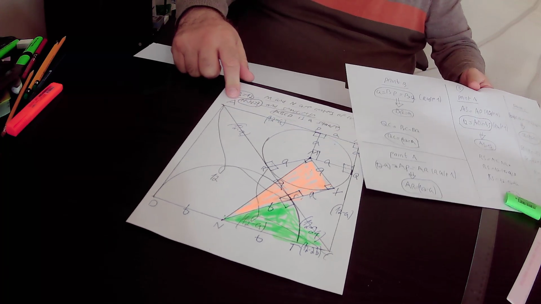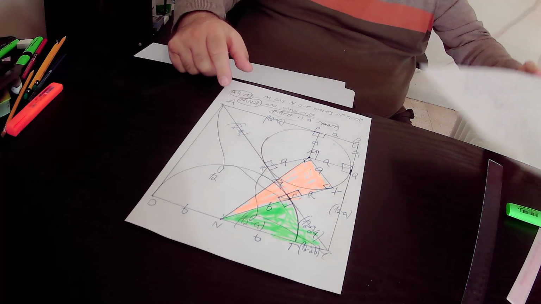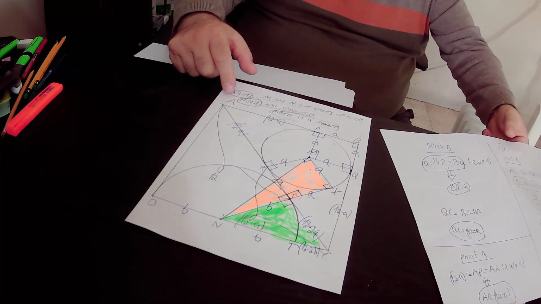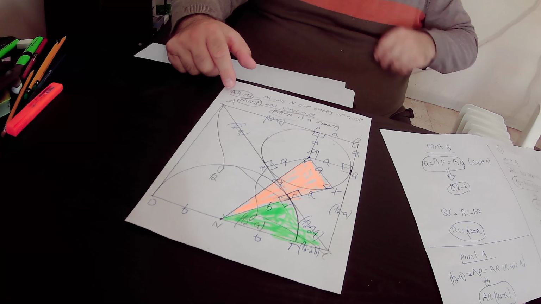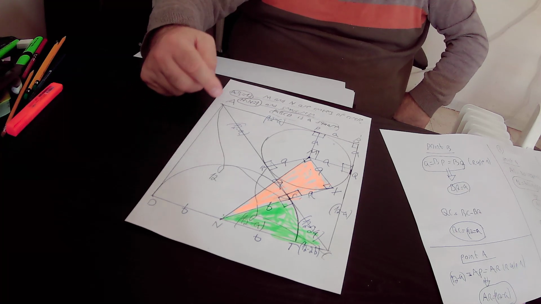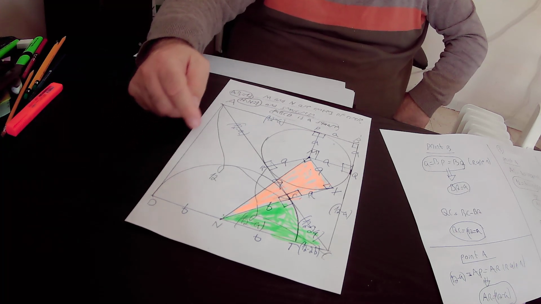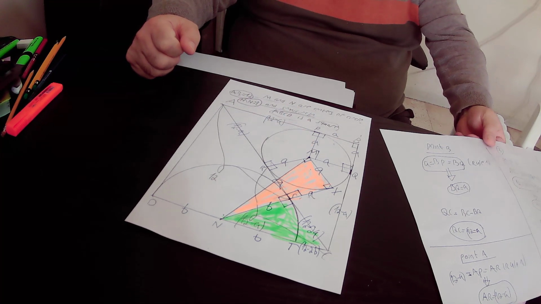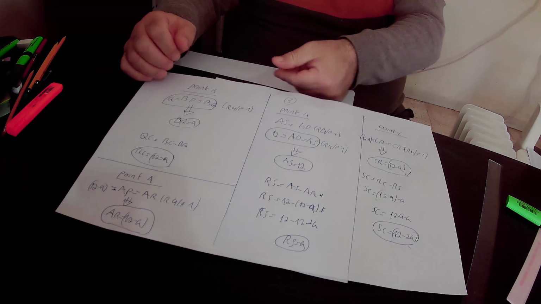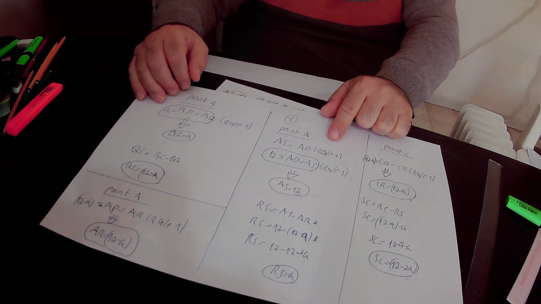Then we continue to focus on the external point A. From the external point A, we have two tangents to the semicircle. The first tangent is tangent AD, and the second tangent is tangent AS. And according to rule number 1, they are equal to each other. That is to say, AS is equal to AD.